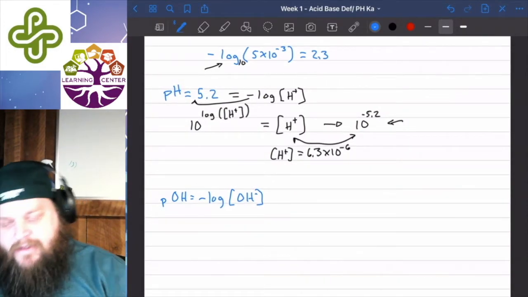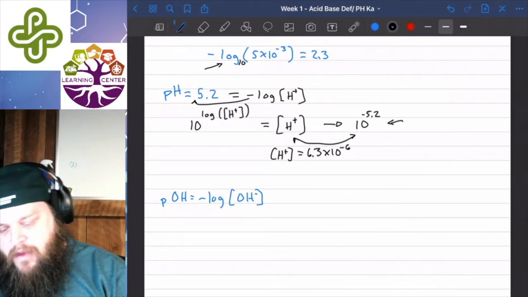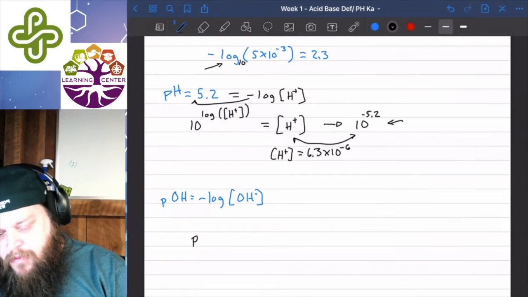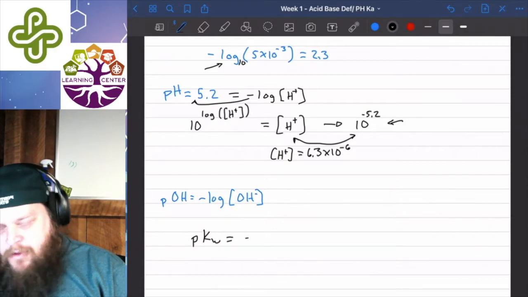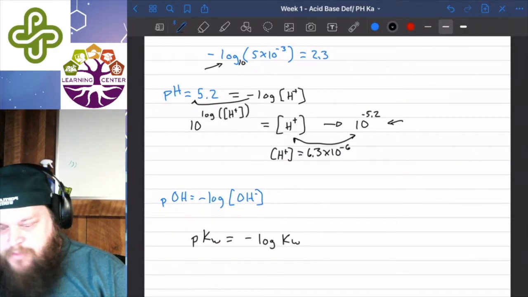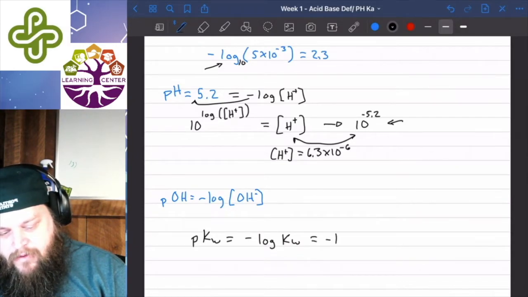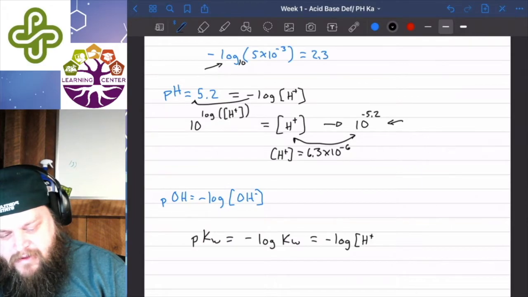So we can expand upon that and say that if we take the pKw that we talked about earlier, that's going to equal the negative log of Kw, which we know is equal to the negative log of the concentration of H plus times the concentration of OH minus.